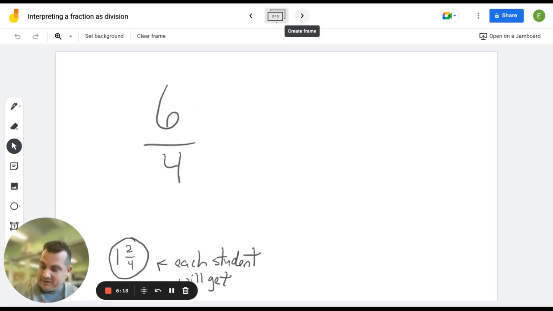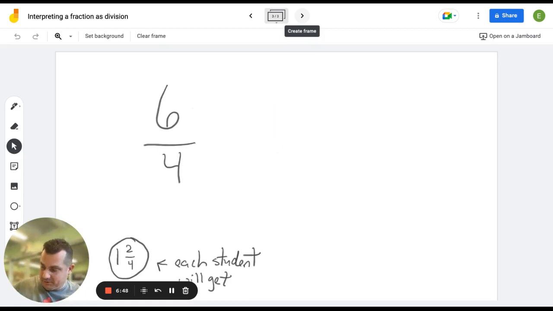Well, let's take a look. We now have 6/4, which is where we started. How do we convert this to a mixed number? Well, fourths. How many 4s can go into 6 without going over? Well, let me count. 4, 8. No, that was too much. 2 was too much. Just like before, we can't give everyone 2 cupcakes. 4 can go into 6 one time.